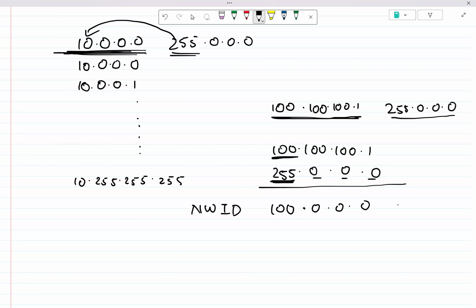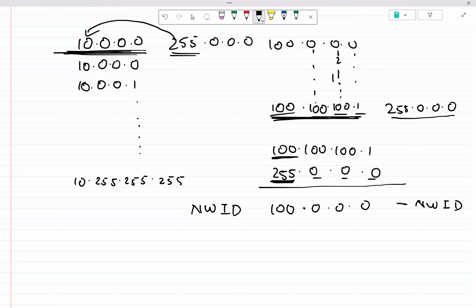Right. So this becomes your network ID for this IP address, meaning that this IP address was starting from 100.0.0.0, and all these numbers kept changing, and finally it reached this number 100.100.100.1, meaning that the third octet started from 0, went to 1, 2, 3, 4, 5, 6, like that, and it went up till 100.